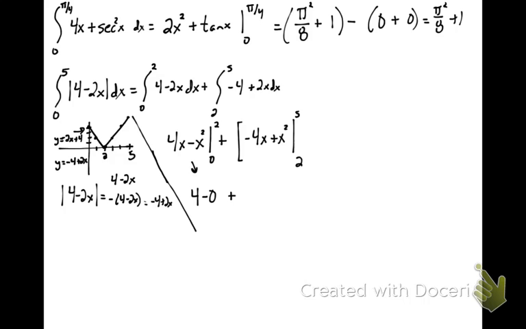When I plug in 5, that'll be negative 20 plus 25, which is just 5. When I plug in 2, that'll be negative 8 plus 4, which is negative 4, and subtracting that gives 9. So this will be 4 plus 9 for a grand total of 13.